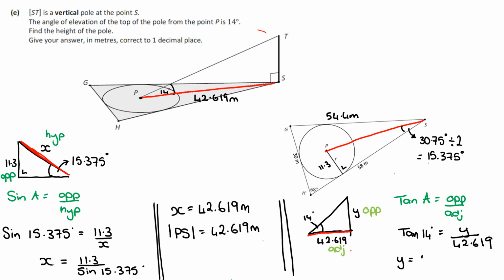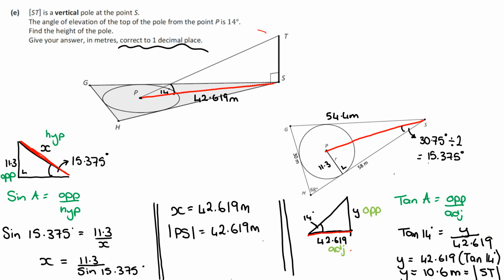Y is equal to 42.619 times tan of 14 degrees, and that gives us correct to 1 decimal place, Y equals 10.6 meters, and that is actually ST.